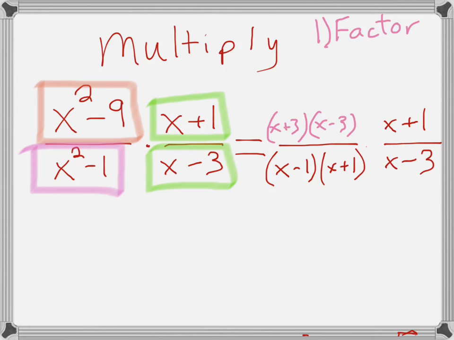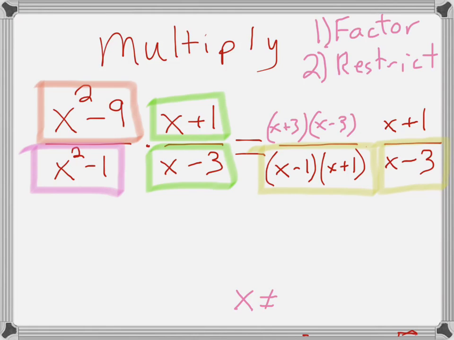So, now we've factored, the next part is to restrict. It is critical that the denominator is never equal to 0. So we're going to look at the denominators and make sure that they are never equal to 0. There are three numbers that are going to result in a denominator of 0. x cannot be 1.